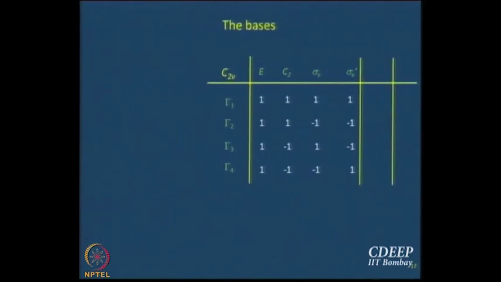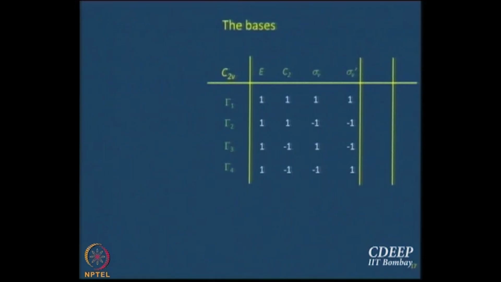So now let us see the basis. What fits in where? Let us start with x, y and z. Let's start with z. Where will z fit? If you perform E on z, character is 1. If you perform C2 and you consider C2 to be the z axis, character is 1.